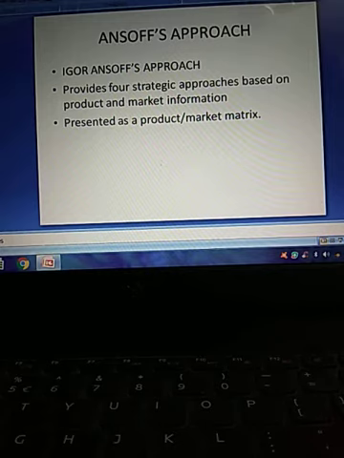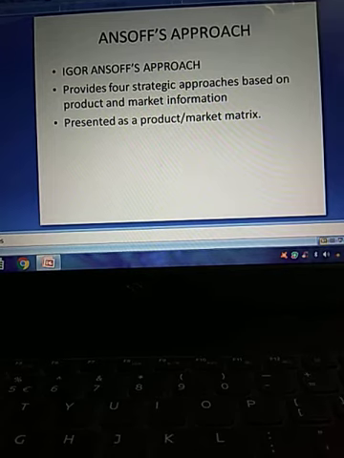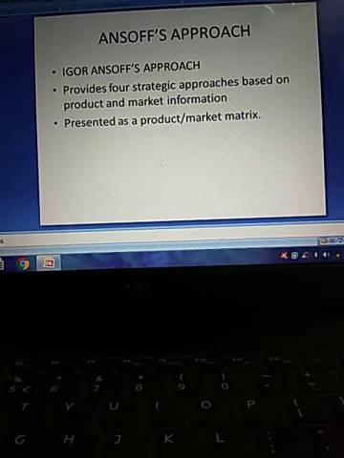The Ansoff approach is very useful for creating value through intensive growth strategies. Igor Ansoff's approach provides four strategic approaches based on product and market formation, presented as the product market matrix.